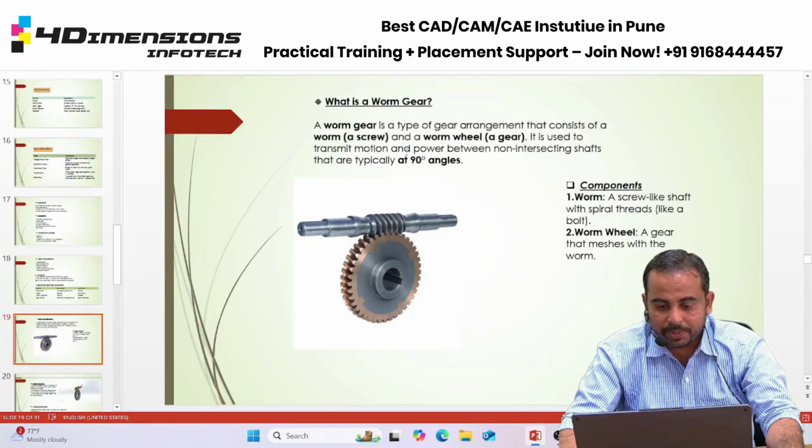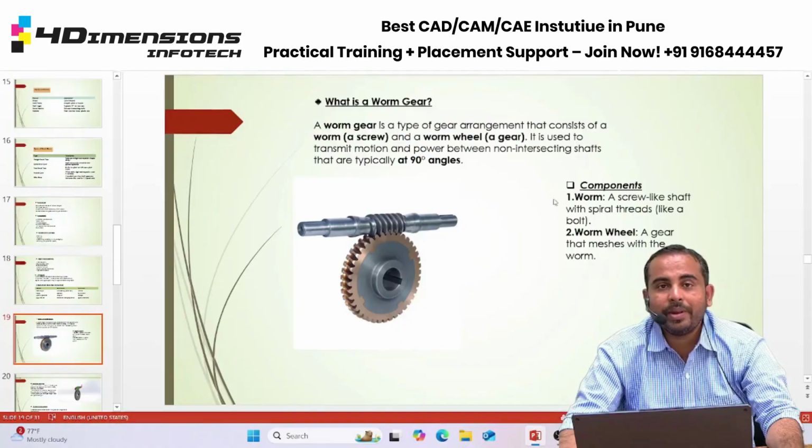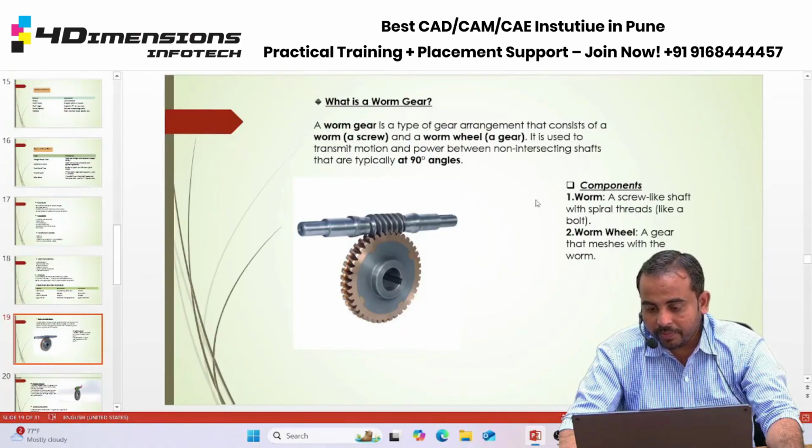It is used to transmit motion and power between non-intersecting shafts that are typically at 90 degrees. There are two main components here. The worm, the first one at the top, is a screw-like shaft with spiral threads like a bolt. The second part is the worm wheel, a gear with teeth that meshes with the worm shaft above.